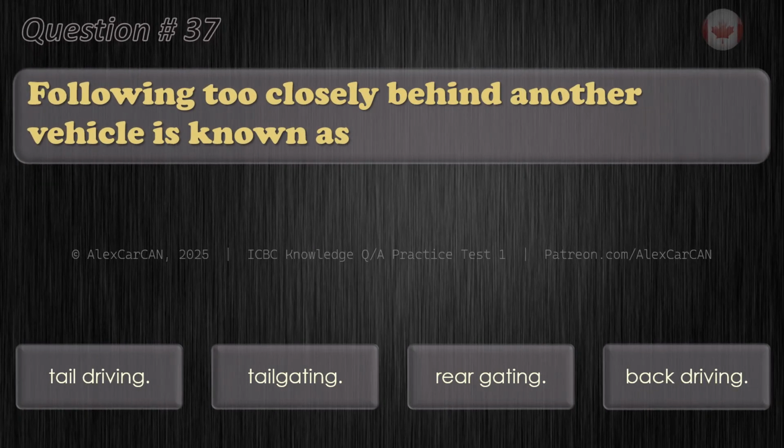Question number 37. Following too closely behind another vehicle is known as tail driving, tailgating, rear gating, back driving. The correct answer is tailgating.